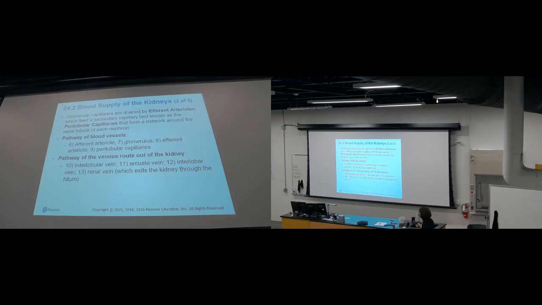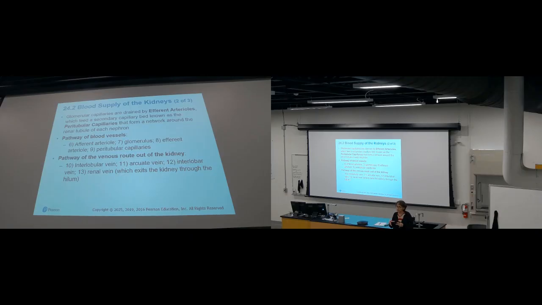So once the blood circulates inside the glomerular capillaries, it will drain into the efferent, or exiting, arterioles. And the efferent arteriole is narrower than the afferent arteriole. What it means is that you receive more blood in the corpuscle than what you are draining per unit of time.